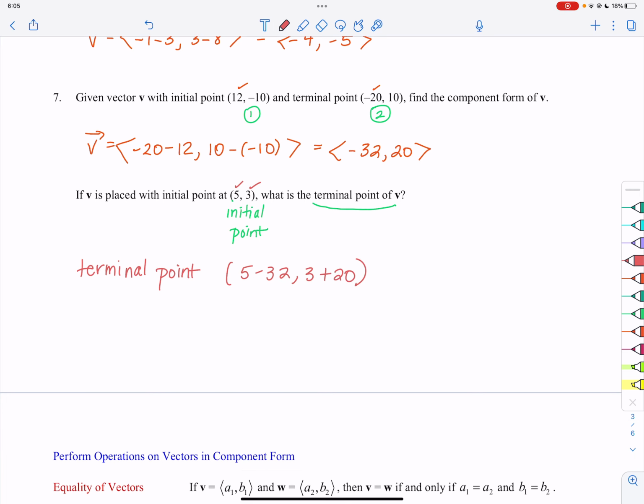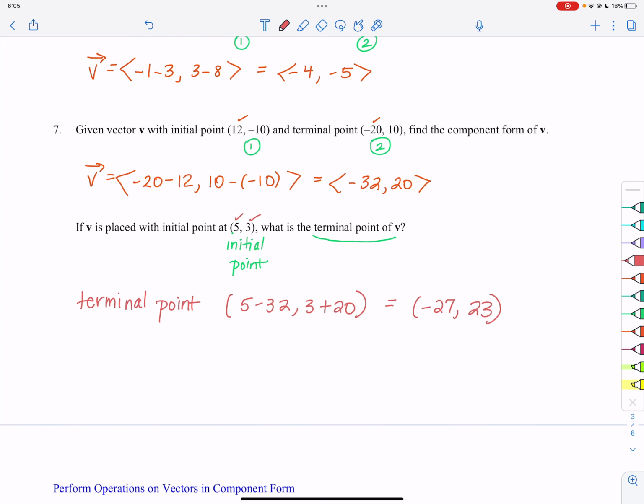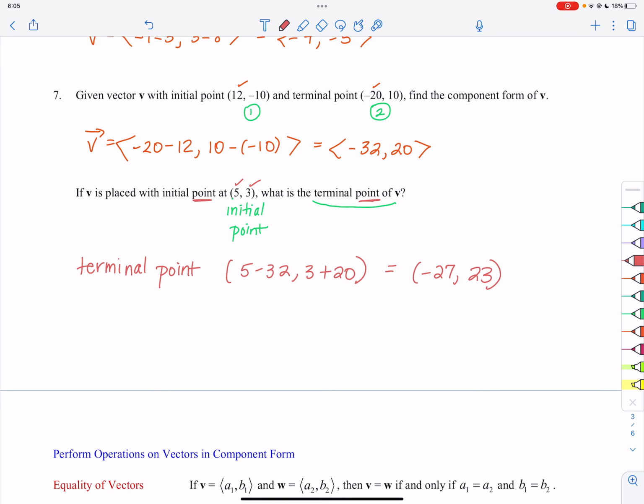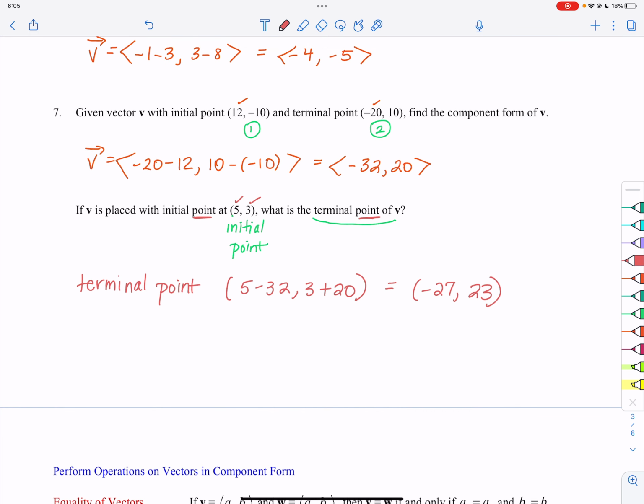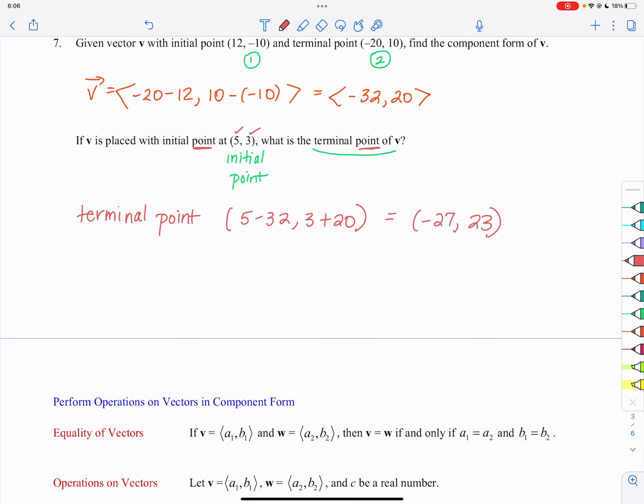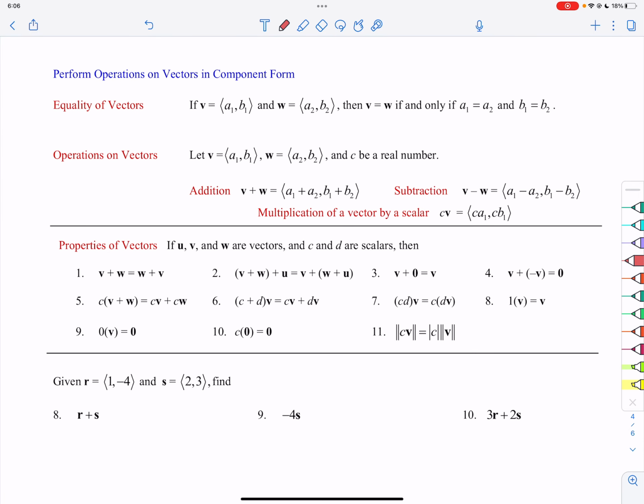So that point is equal to negative 27, 23. Again, these are points written as coordinates and not component form.